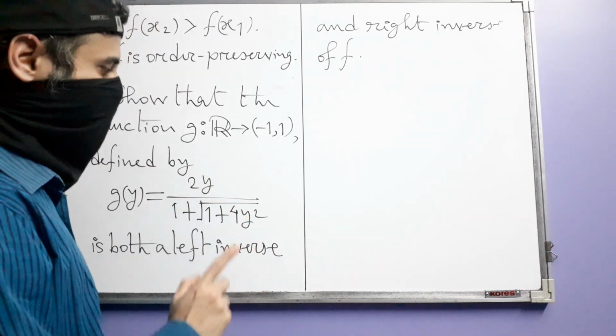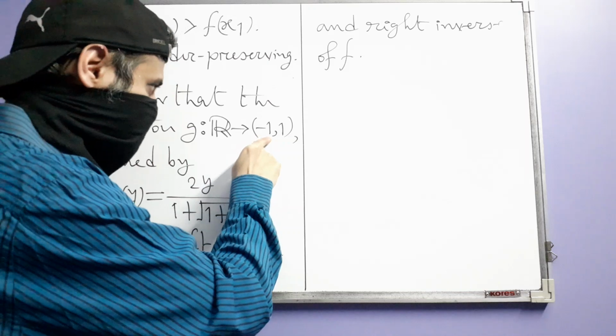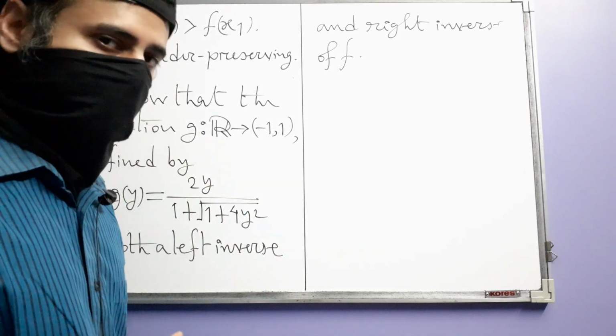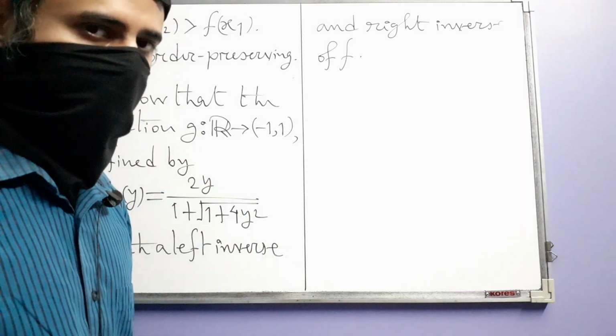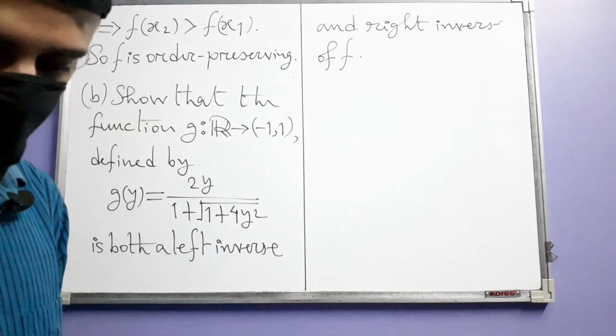But still there is one more thing you have to see. Is this output lying inside this interval? If not, then again this is no longer a function. So we need to at least verify that.